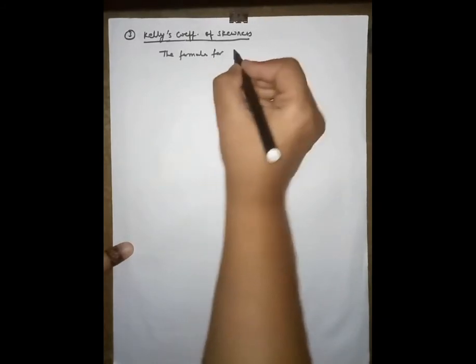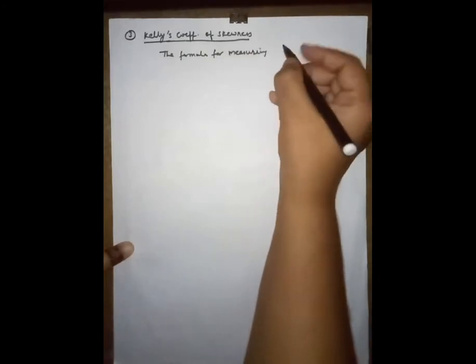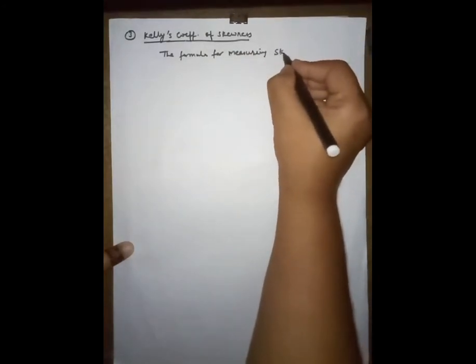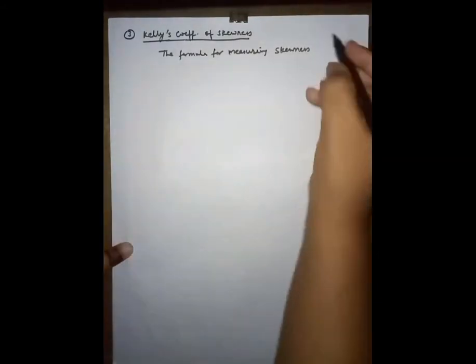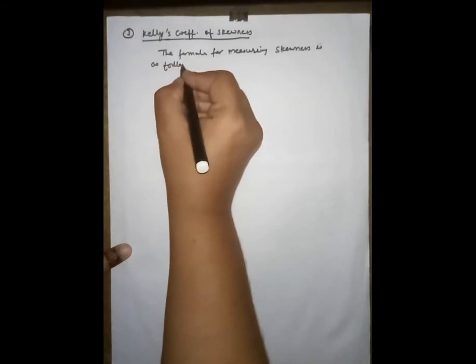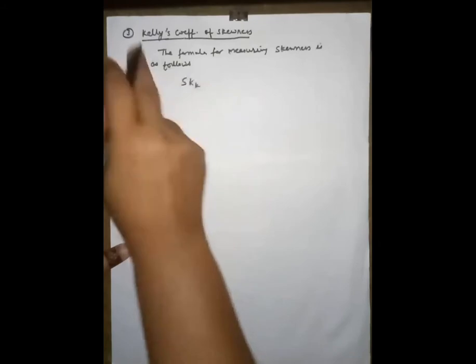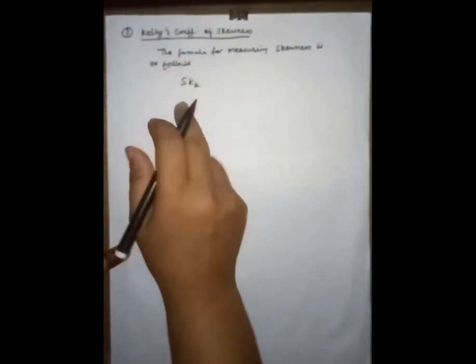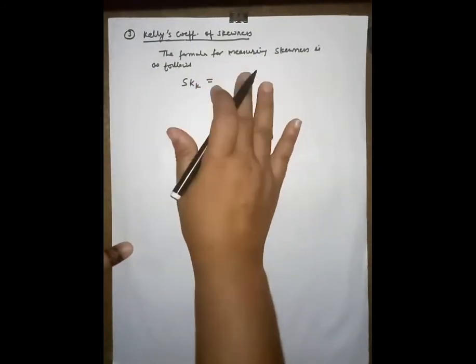So the formula for measuring skewness is as follows: SKK, because it was developed by Kelly. I am talking about the Kelly coefficient of skewness based on percentile and decile.